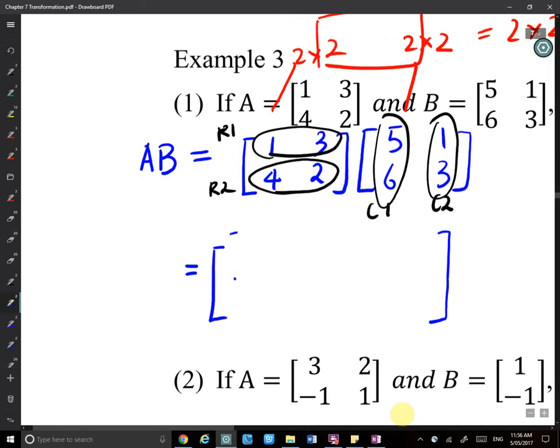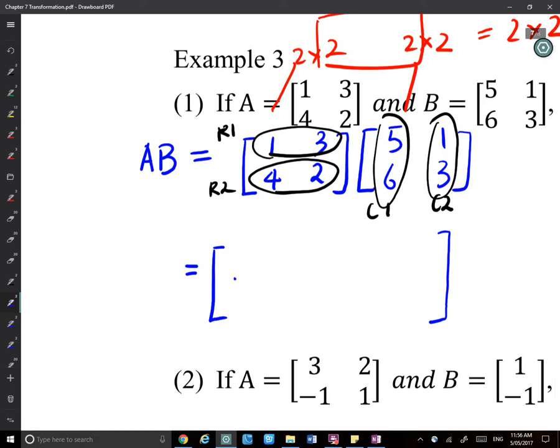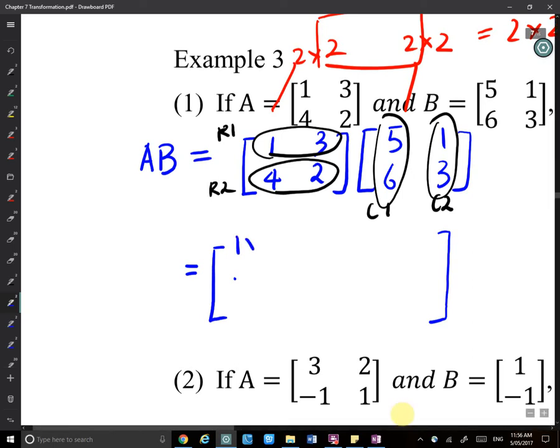So the first number in row 1 times the first number in column 1, plus the second number in row 1 times the second number in column 1. That is your row 1, column 1 entry.